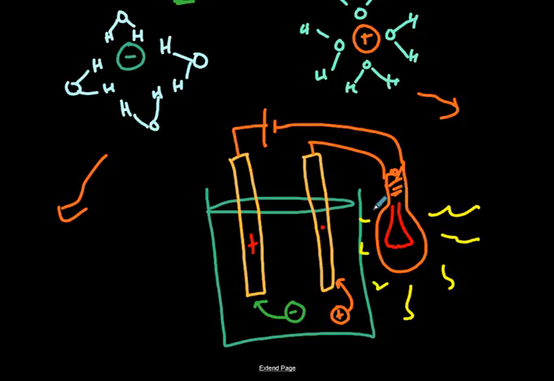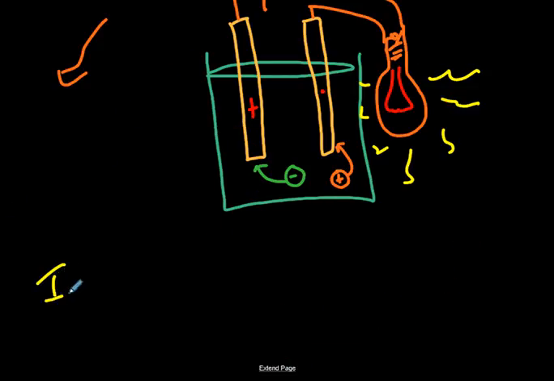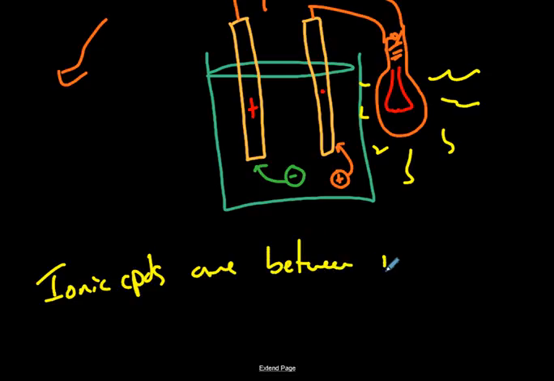Okay, so to sum up, ionic compounds are formed by a reaction between metal and non-metal.